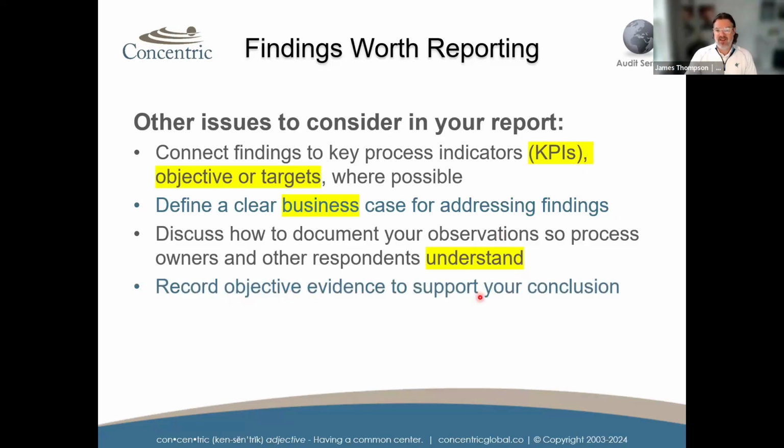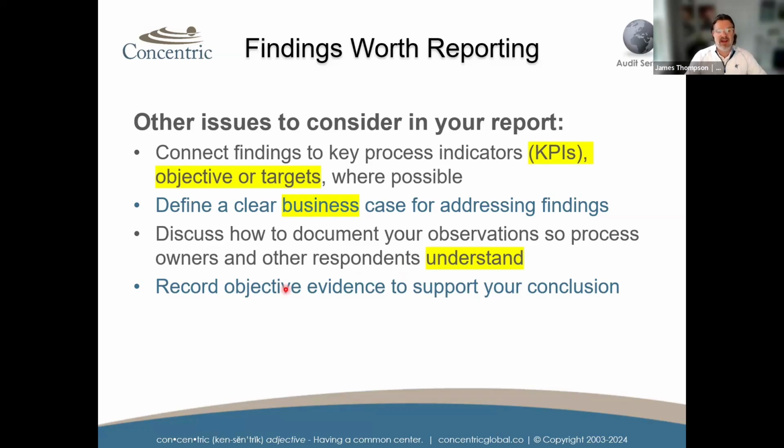You have to record objective evidence to support your conclusion. And that objective evidence a lot of times is not fully integrated into your final audit. Sometimes some of the objective evidence is just summarized. For example, I wouldn't put people's names in an audit report under an observation, but I would have those details in my audit notes that I'm going to keep or that I'm going to hand over to my audit client, point of contact or something like that.